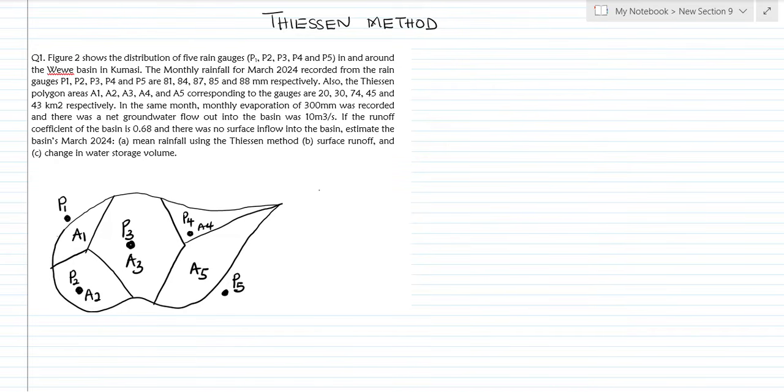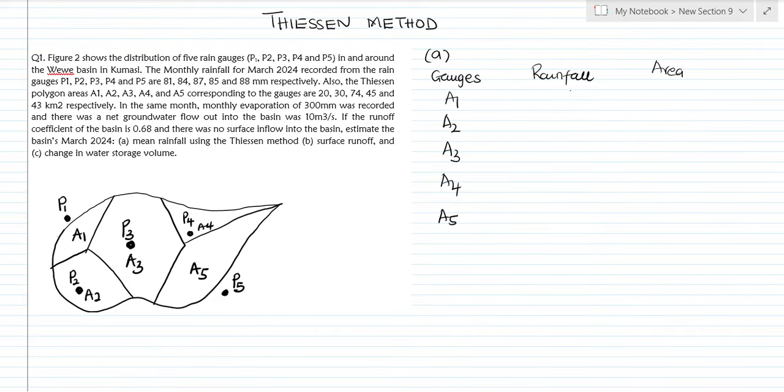The first thing we are supposed to do is to find the mean rainfall. So let's take the gauges and write the parameters: the rainfall and their areas. Gauges A1, A2, A3, A4, A5.